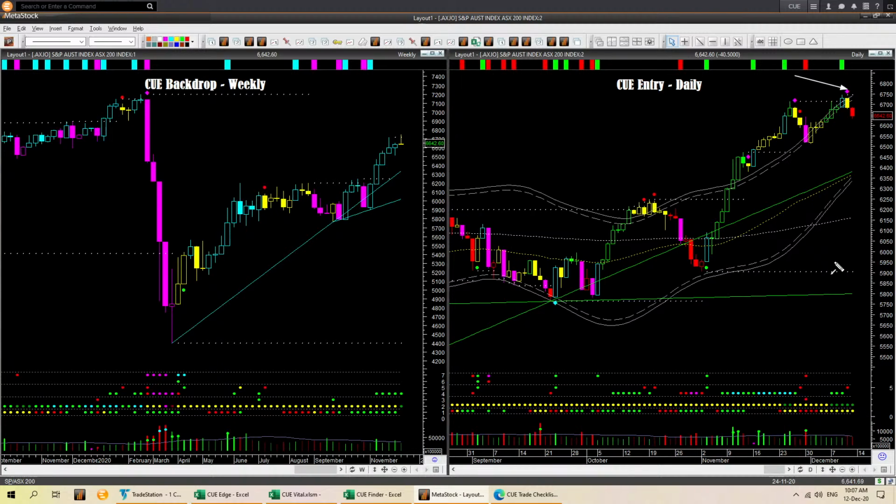Now, box short setup has a requirement of very or extreme high activity, which was not present on Thursday. However, we may note that this is an index, it is not an individual stock. Therefore, we may relax the criteria of very or extreme high activity for a box setup when we are looking at an index.